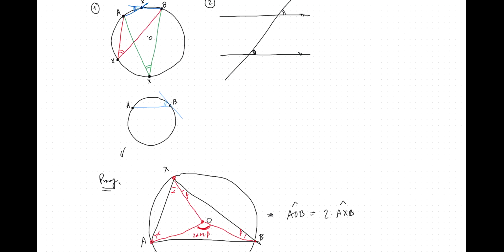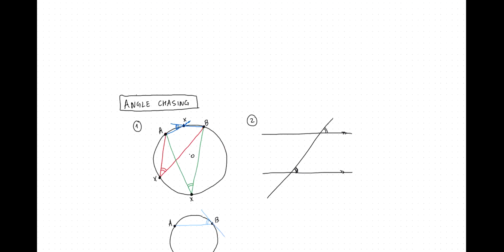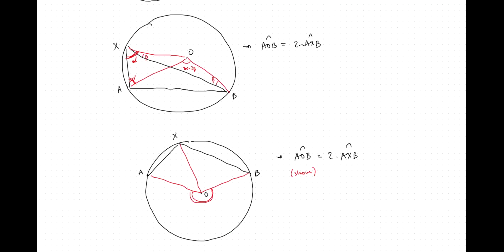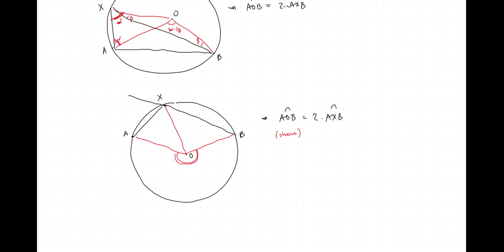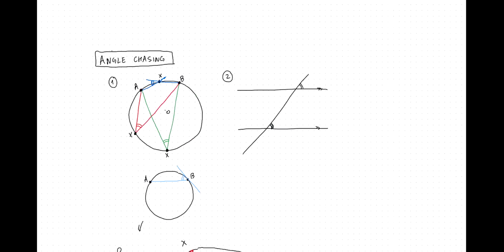And if you compare all of that to this figure, you will see it's always, but if you want to look at this AOB, then you should take the complementary AXB. If you take this AXB which is outside, then 2 times that is of course equal to this AOB inside. So this fixed AOB is 2 times this AXB, and this shown AXB.